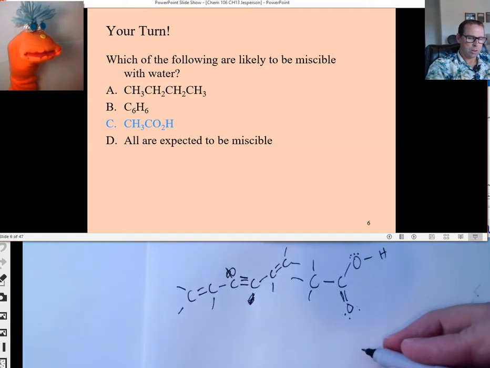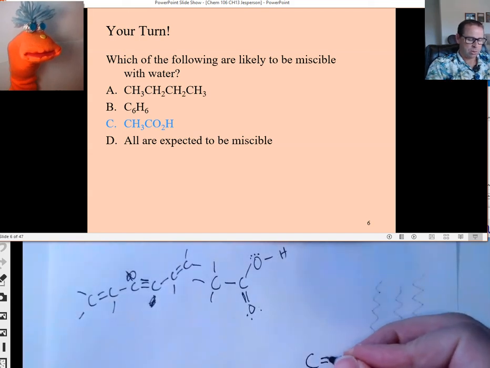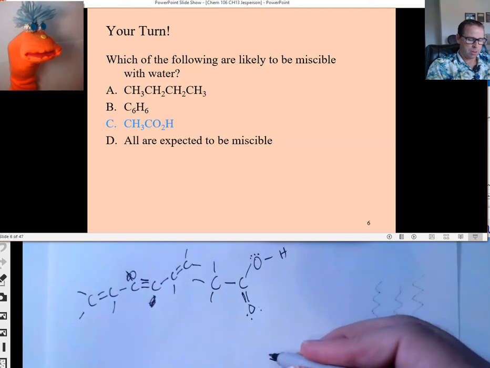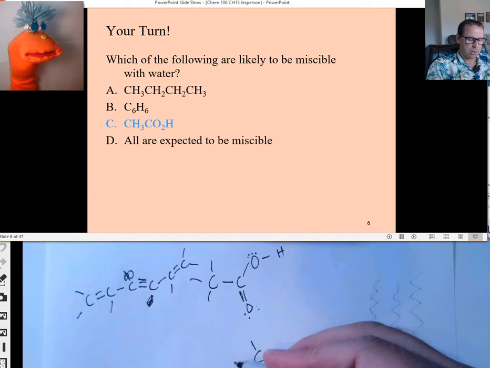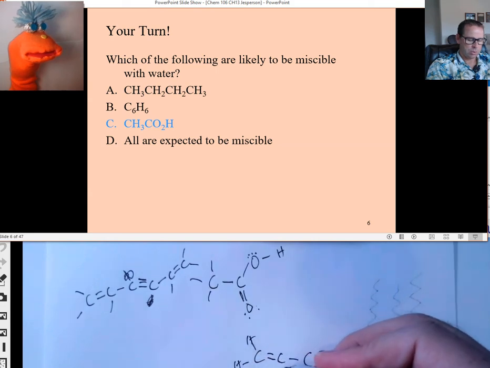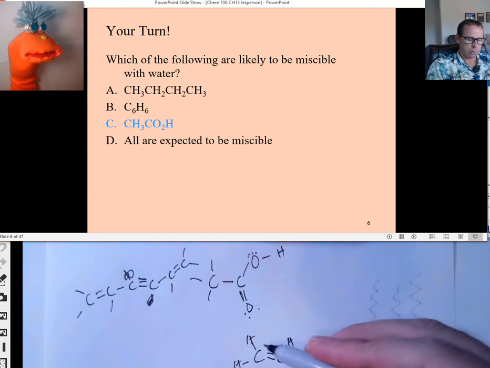So you could have chemical formula C6H6, carbon with a triple bond, carbon with a double bond, carbon with a double bond, 1, 2, 3, 4, 5, 6, and then it would have 2 hydrogens here, 1, 2, 3, so we'd have to have a 4th hydrogen there. These both have 4. This would have to have a hydrogen there, hydrogen there, hydrogen there. So it's 1, 2, 3, 4, 5, 6.